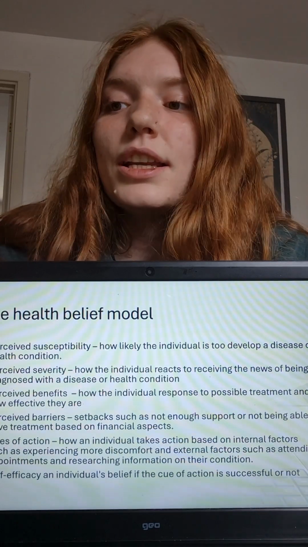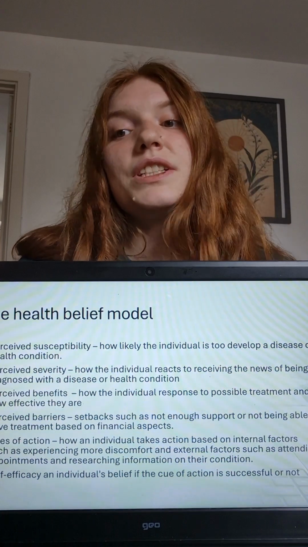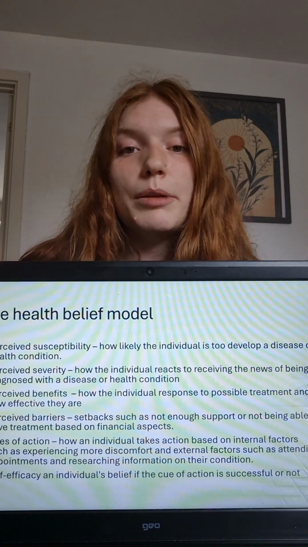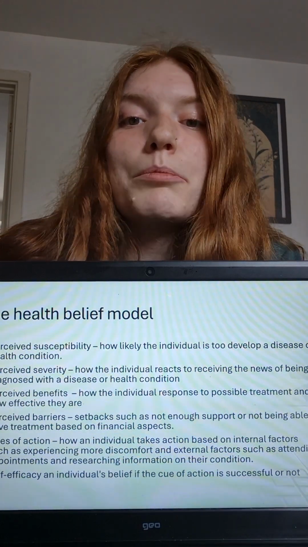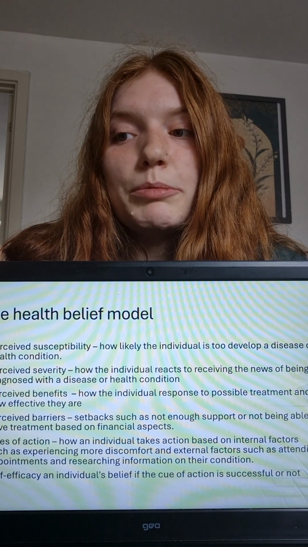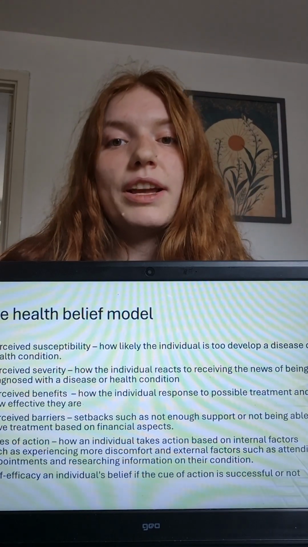This is how likely the individual is to develop a disease or health condition. Perceived severity. This is how the individual reacts to the news of being diagnosed with said disease or condition. Perceived benefits. This is how the individual responds to the possible treatment plan and how effective they are.